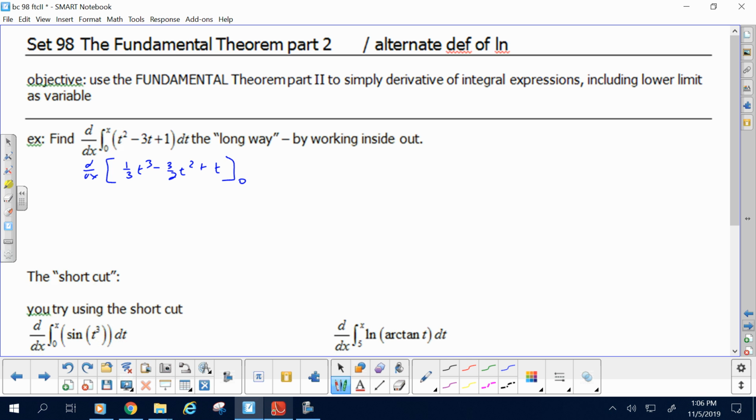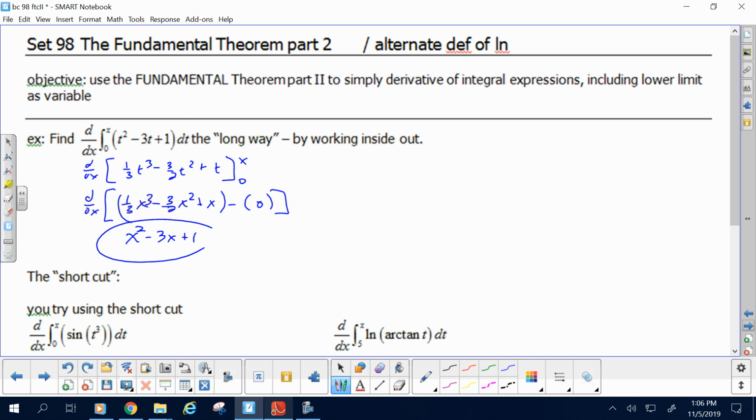From 0 to x, when I evaluate it at x and 0, I get 1/3 x cubed minus 3 halves x squared plus x, minus a bunch of zeros when I put 0 in. And then when I take the derivative of that, I get x squared minus 3x plus 1.